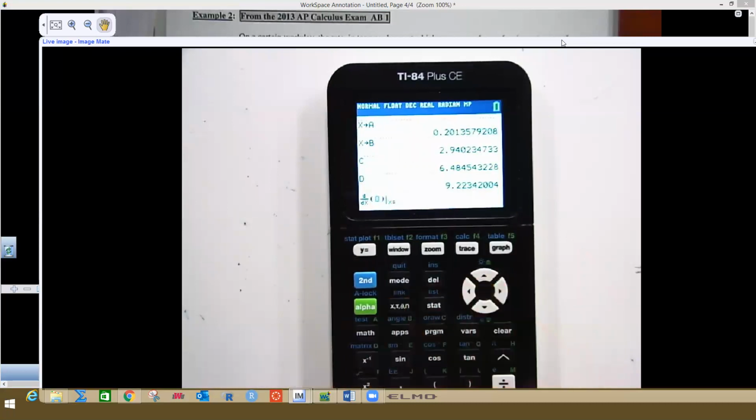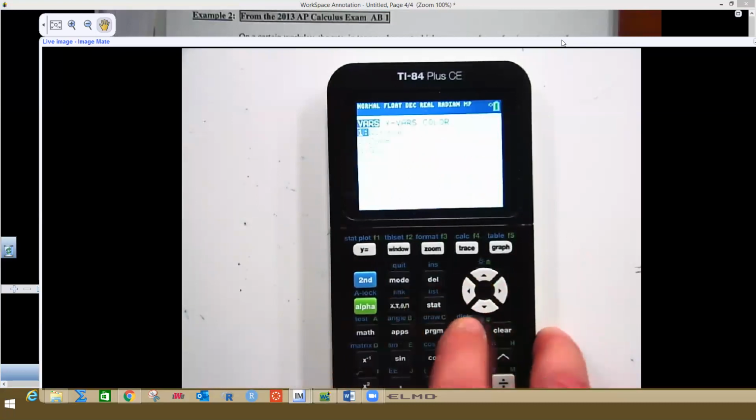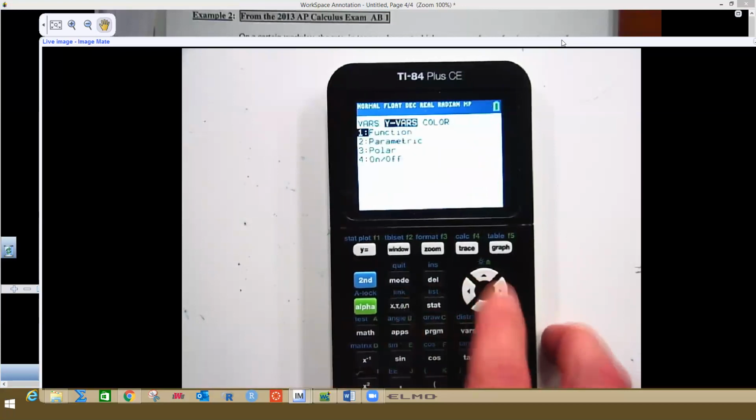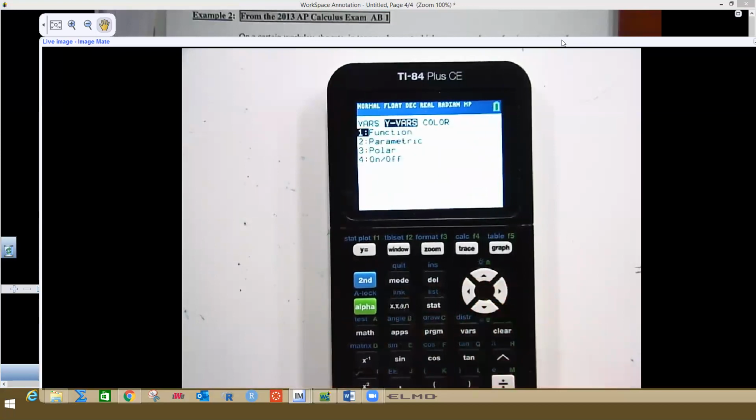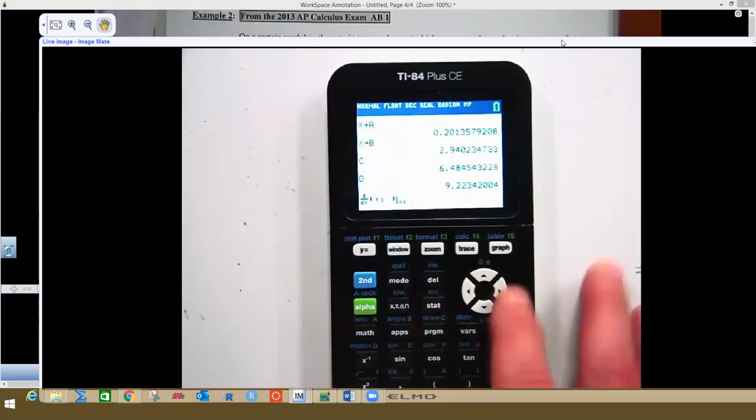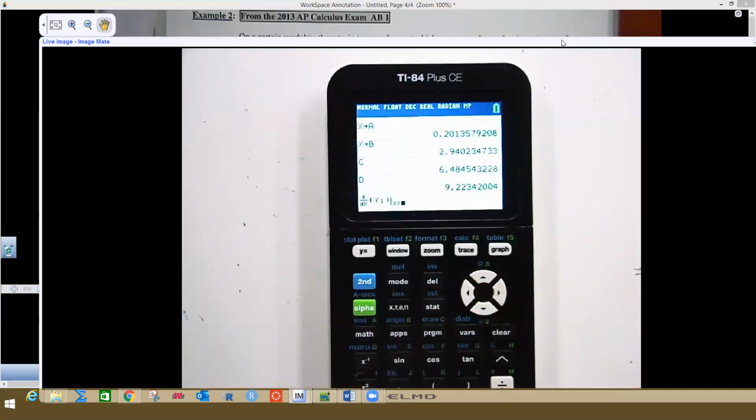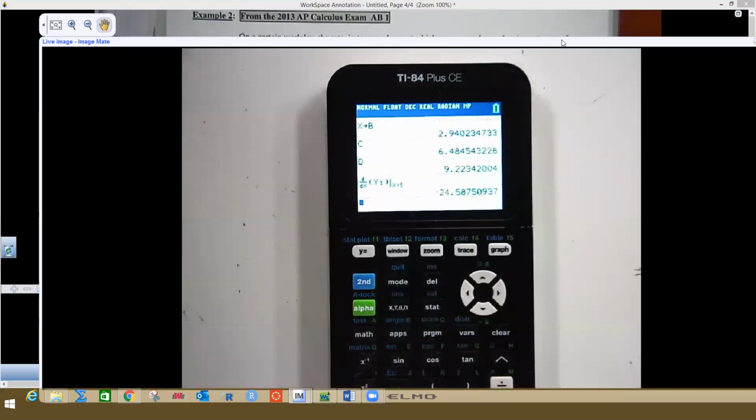Now I type that into Y1, so I'm going to hit vars, arrow to Y vars, hit enter, 1, and then that's where it's stored. I hit 1 again. And then we want this when x, and that's what the time was, it said 5. So we're going to type 5 there and hit enter. So right there, negative 24.5875, blah, blah, blah. That is the thing that I need to use.